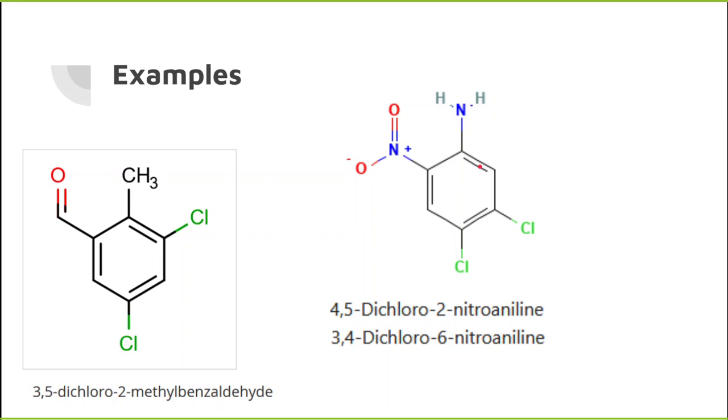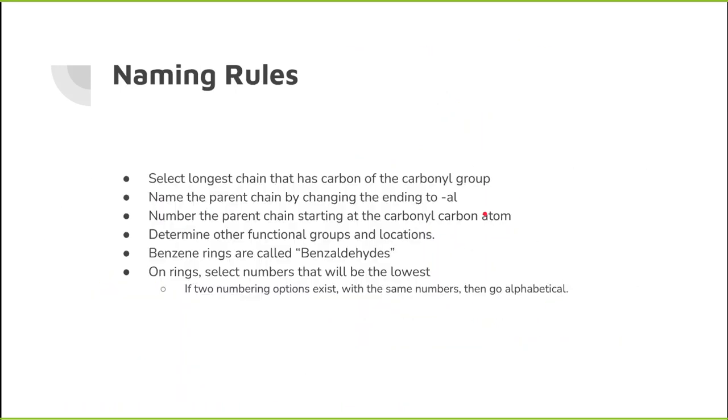So I think possibly what happened is there used to be a convention of going alphabetically, and they probably changed that sometime in the last 30 years. They're saying go for the smallest numbers. So I enhanced this slide of the naming rules to say that on rings, select numbers that will be the lowest.